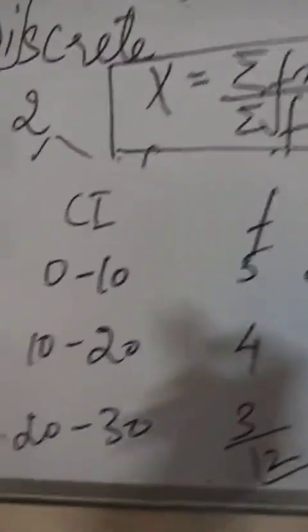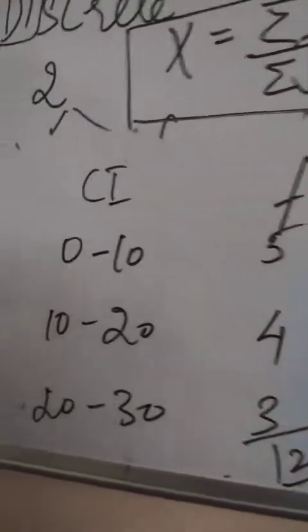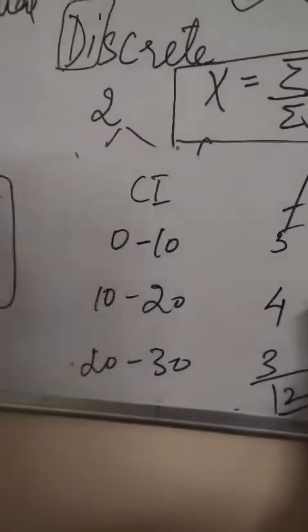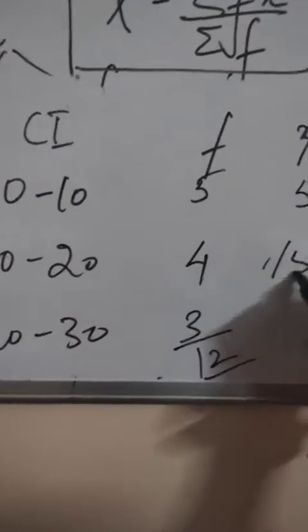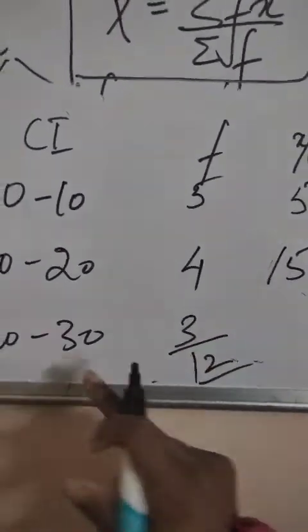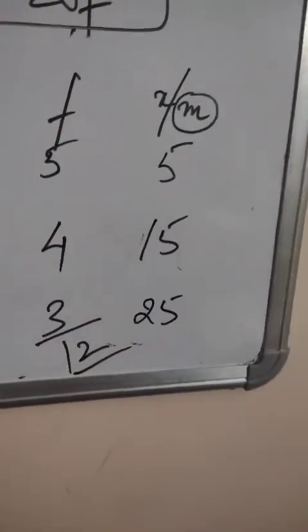Here we were using fx, but here there is no x. Now we need to calculate it. It can be x, or you can even say m. In some books you will find different editions; they use x or they call it m. M is actually the midpoint. Now what is the midpoint between 0 to 10? It is 5. From 10 to 20 it is 15, and from 20 to 30 it is 25.